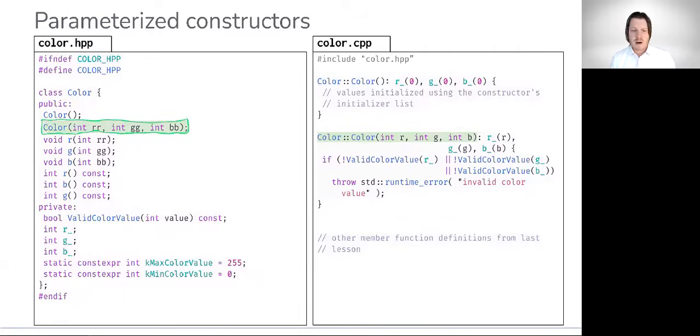In this case, we're going to have a parameter list that takes 3 integer arguments when it is invoked. The definition for this parameterized constructor will fall within the corresponding source file, as one might expect at this point. You can see here, we prefix the name with the type this constructor is being defined for.